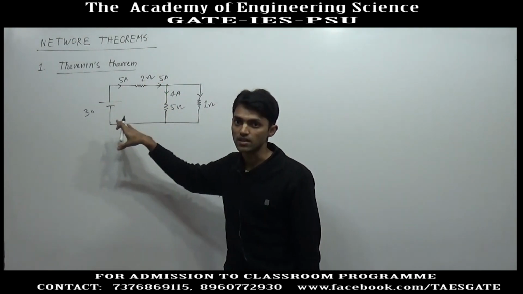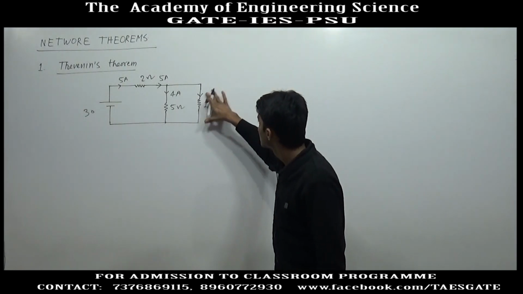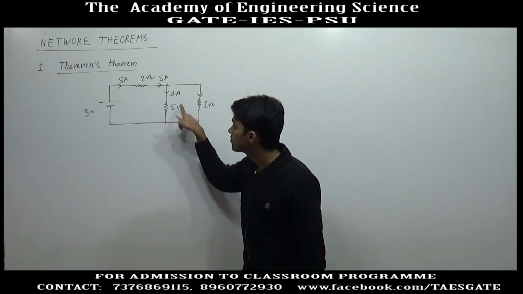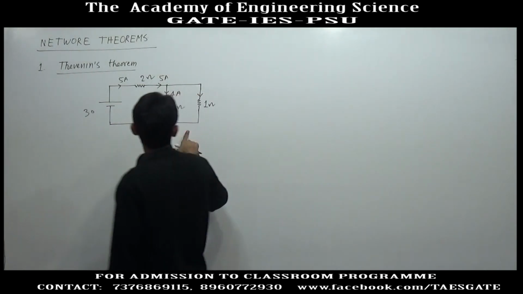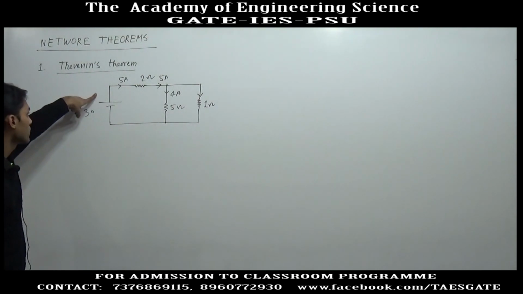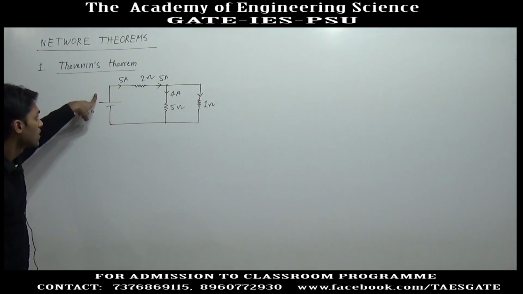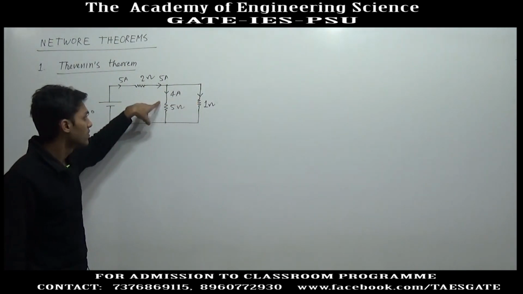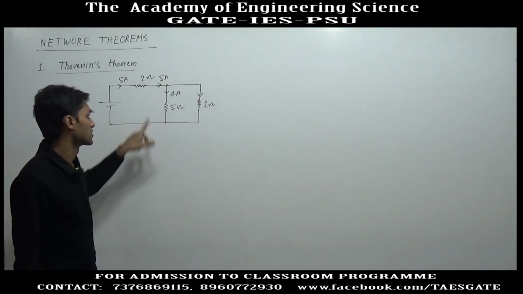There is no change in the circuit. But to find the current in this branch, you will have to solve the whole circuit again. You will take the parallel combination of 5 and 1, then again find the current through this source, and again there will be a current division between this 1 ohm and 5 ohm resistance.